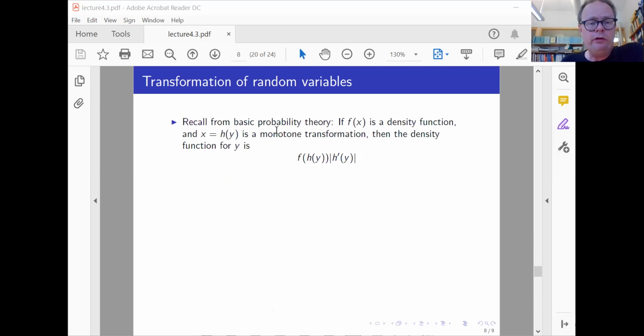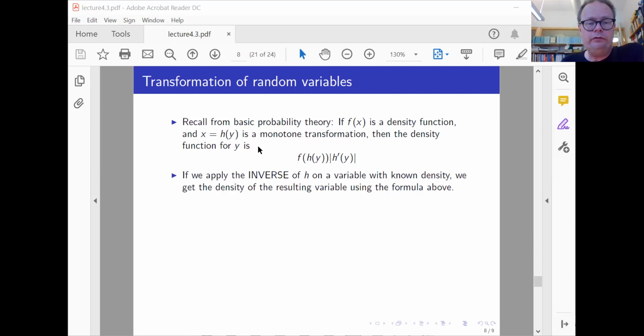So recall from basic probability theory that if f of x is a density function, and x is expressed as another function of y, where h is a monotone transformation, then the density function for y has this expression. We're not going to go back into the basic probability theory; you can look it up and you will find something similar to this expression there.